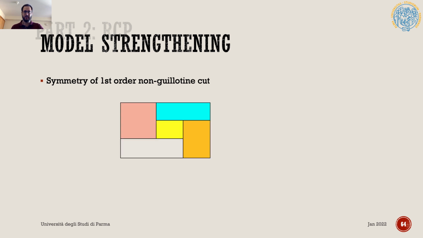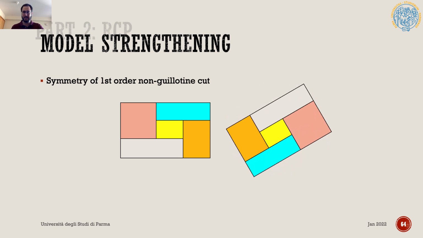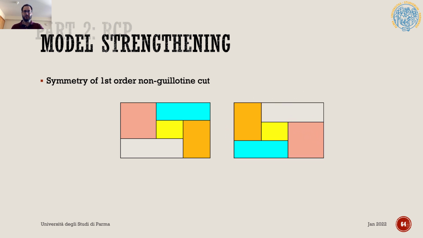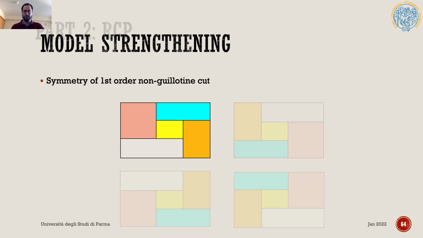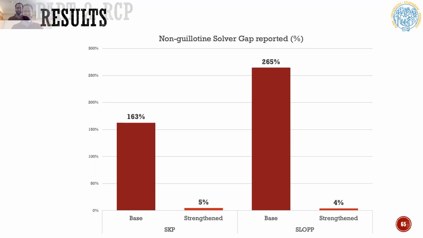For example, this is a non-guillotine solution, but rotating it, we have the same solution. Similarly, mirroring it, we have another perspective. Finally, applying another rotation, again, the same solution. So, the model must allow only one, and the constraints proposed cut 3 of them, strongly reducing the search space.